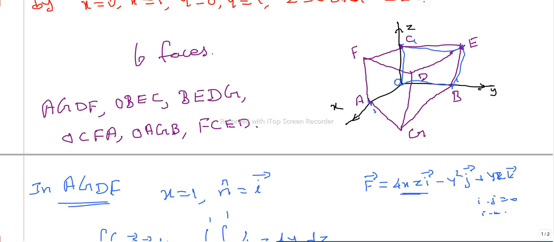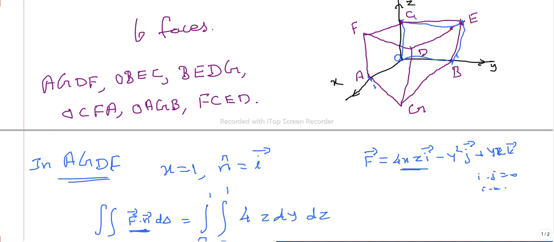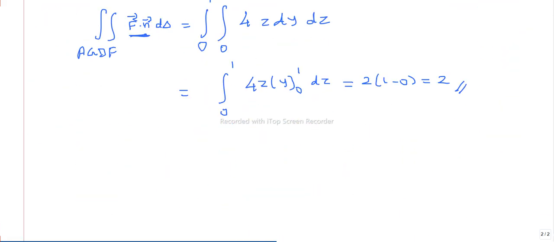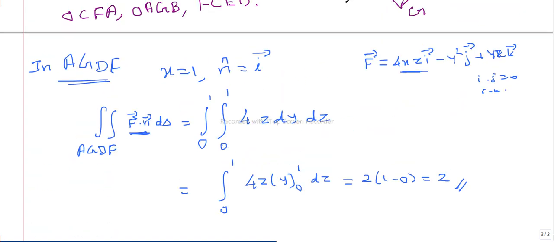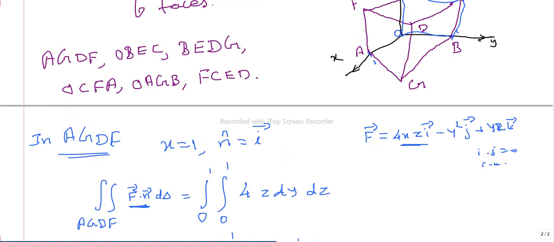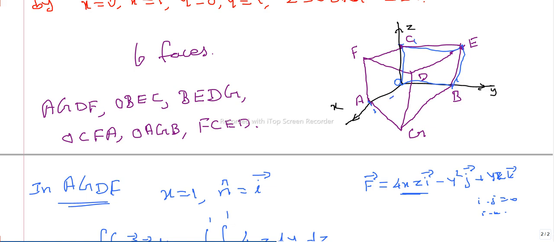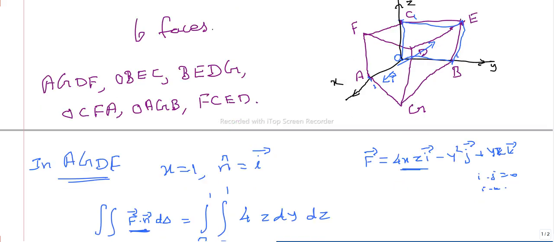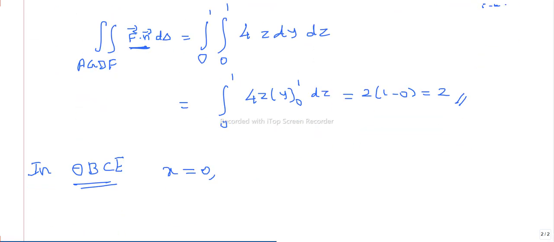So in this space, x should be 0. This is the opposite side to the i vector direction, so the n cap, the unit vector, should be minus i vector.